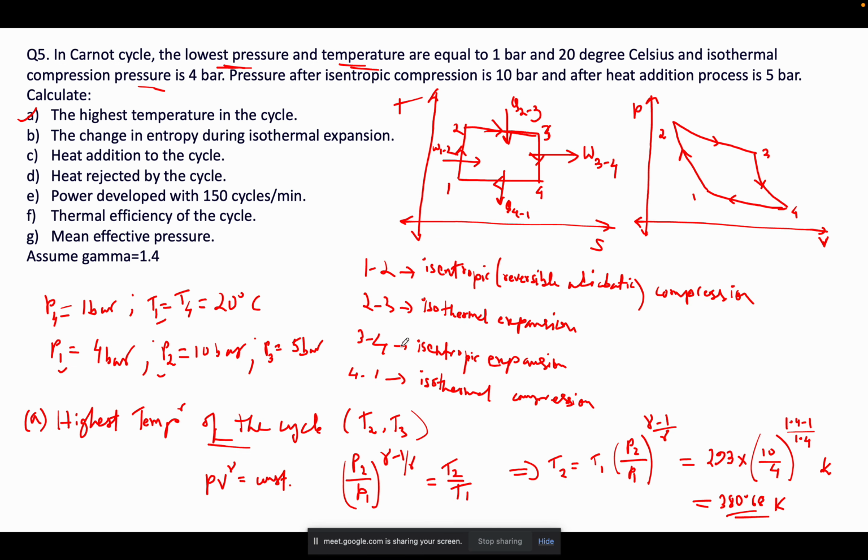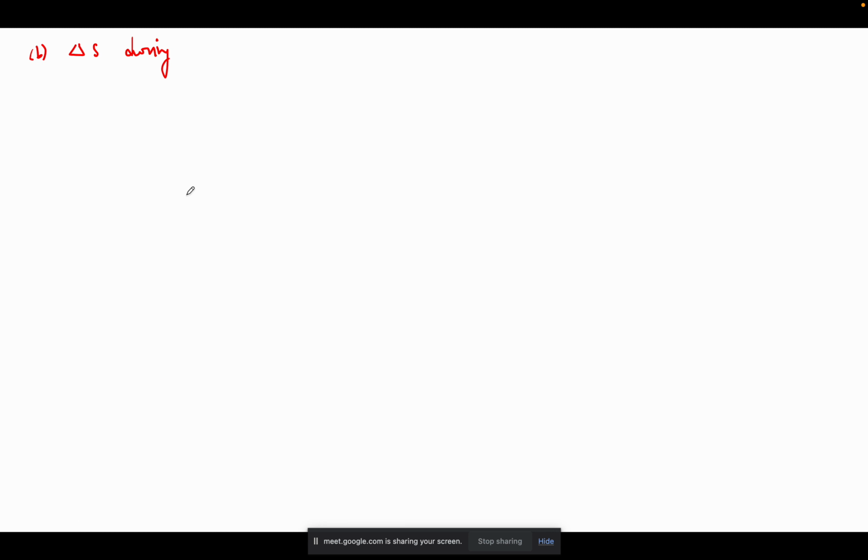Delta S during, what is my isothermal expansion process? My isothermal expansion process is 2 to 3. Delta S during process 2 to 3, that is, in bracket, you have to calculate S3 minus S2.